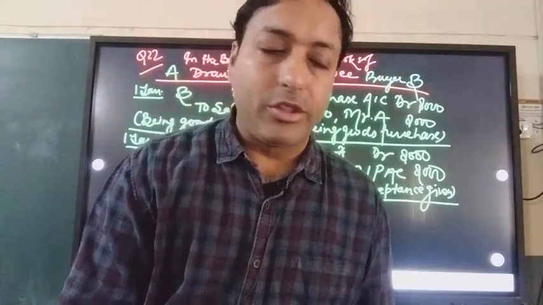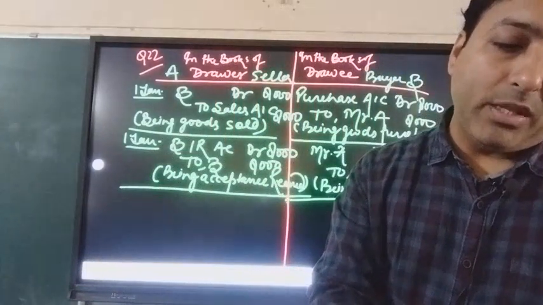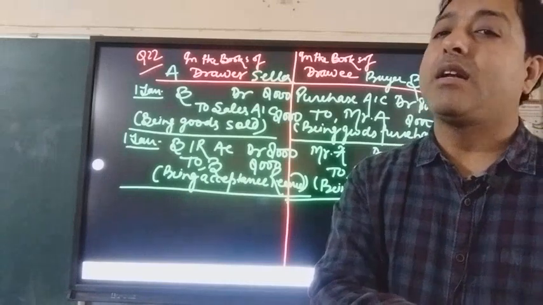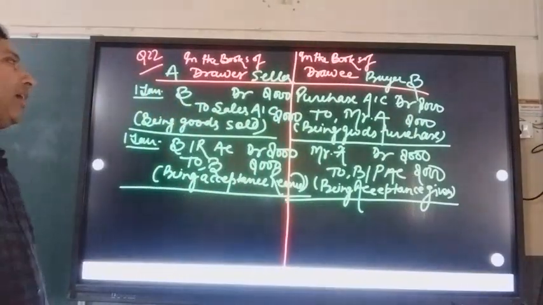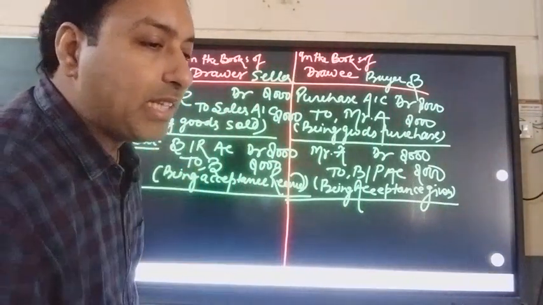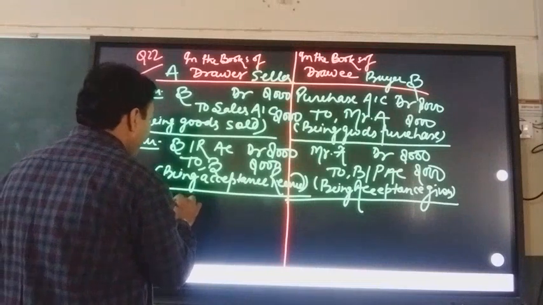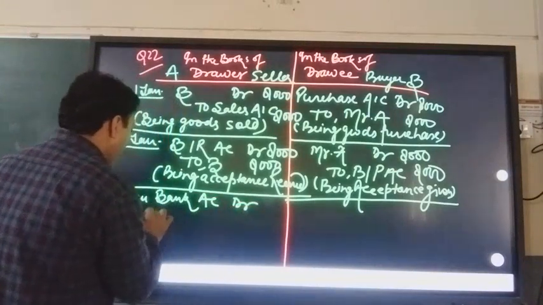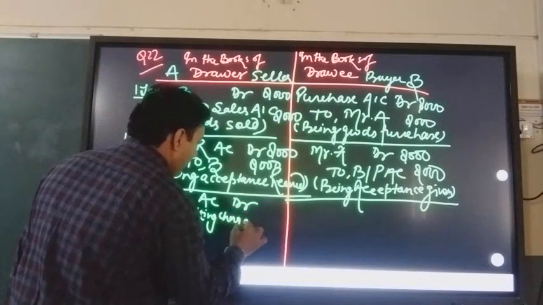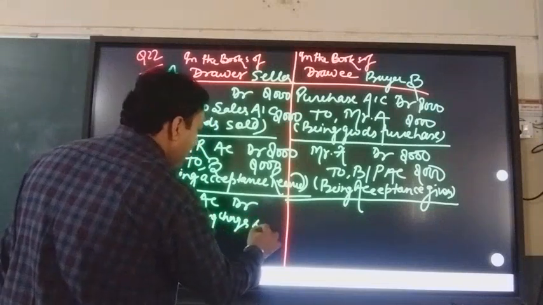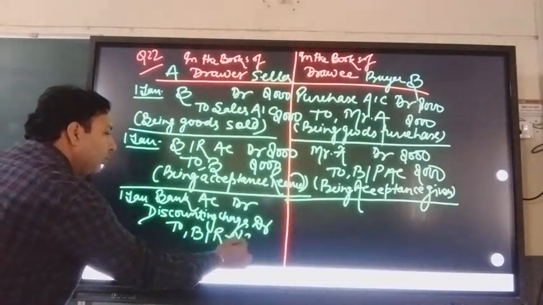So see the next entry in this question. B accepted and returned it to Mr. A, who discounts it with his banker for 7,850 rupees. Who discounts the bill? On the same day, the drawer discounts the bill, that is, on 1st January. On 1st January he is getting it discounted from the bank. So bank account debit, discounting charges debit, and to what? Where did the bill go? To the bank. What goes out? Bills receivable goes out. Okay.